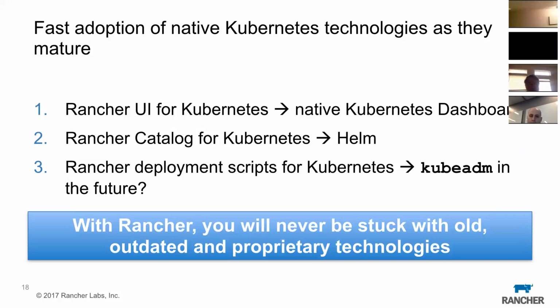And the same is for the catalog. Since the beginning, we had our own Rancher catalog for Kubernetes manifest. But since Helm came out and it's getting widely adopted, we also switched that out. So now by default, we are running a Helm service in Kubernetes environments.